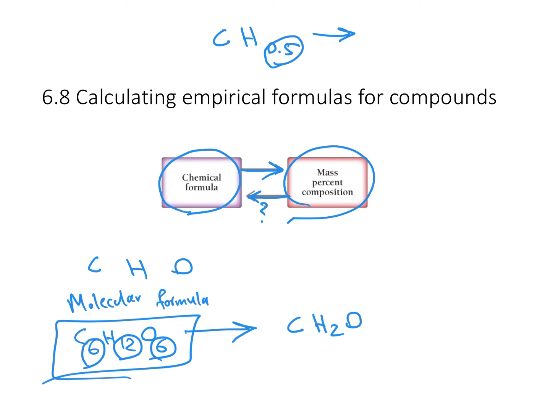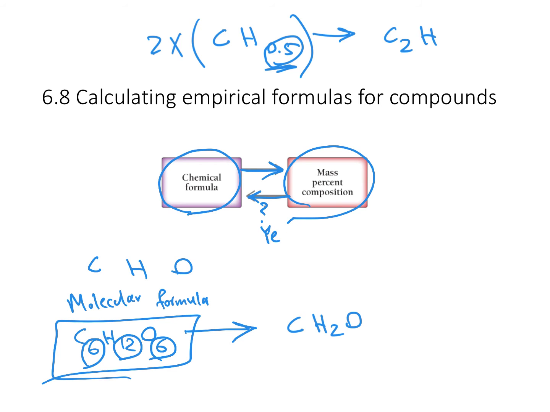Can anyone tell me? Exactly. We multiply by 2, because 2 times 0.5 is 1, right? We want whole numbers. So the empirical formula is the simplest whole number ratio between the atoms of a compound. Does that make sense? Questions?